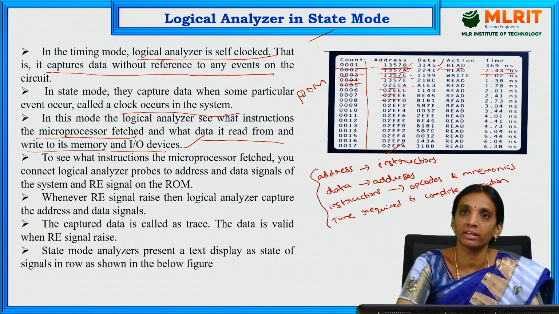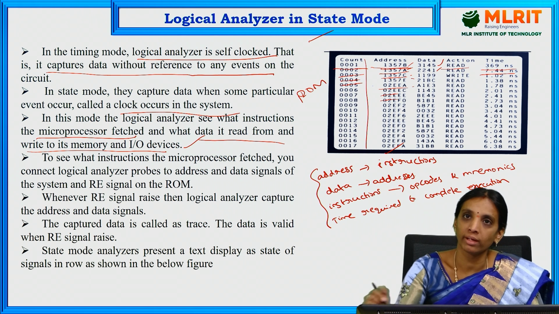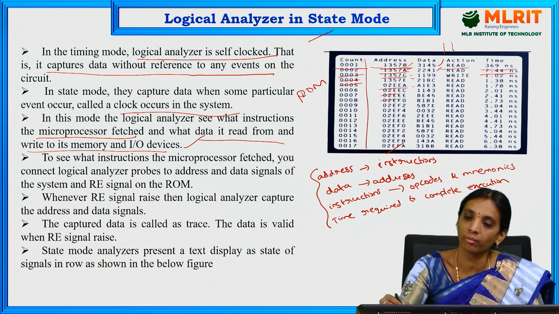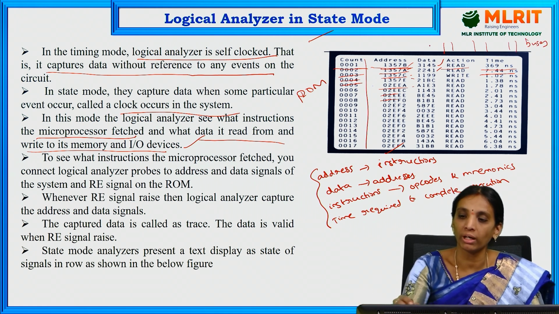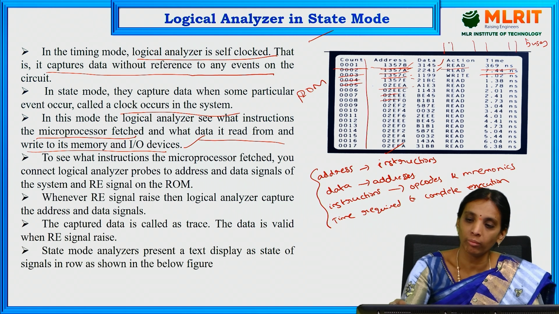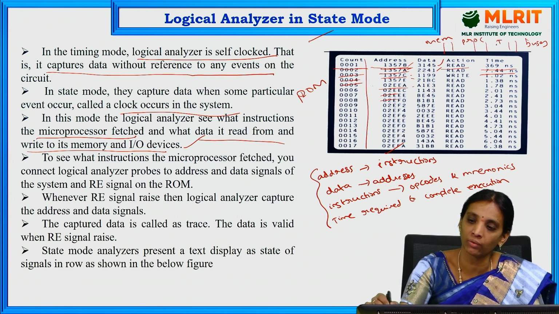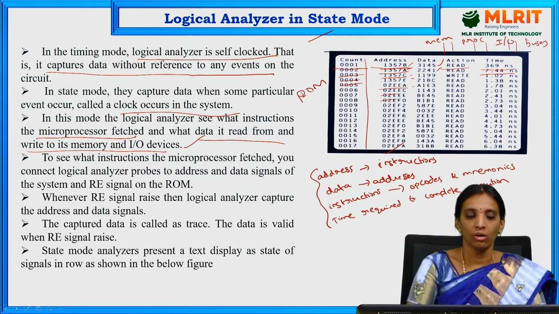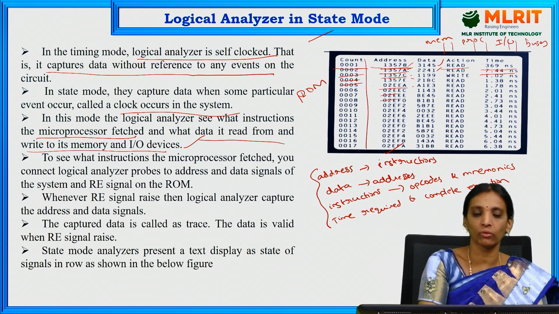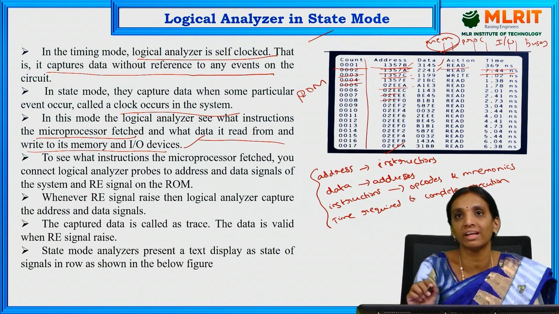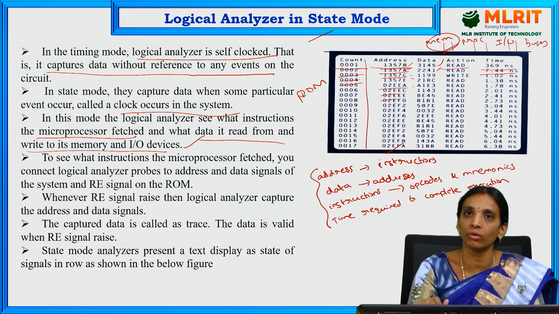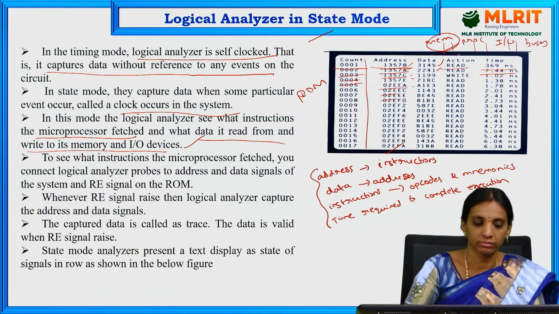In the previous slide we discussed that the logic analyzer may have many ribbons, buses or connectors. Using these connectors, one will be connected to the memory, another to the processor and another to the IO device. Whenever any instruction is fetched by the microprocessor, the logic analyzer will get the data through the probes from the processor, the IO device and the memory.